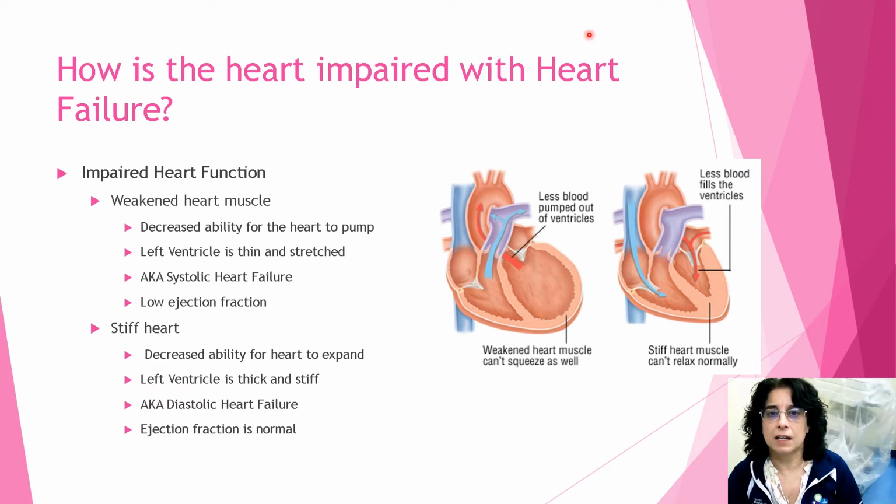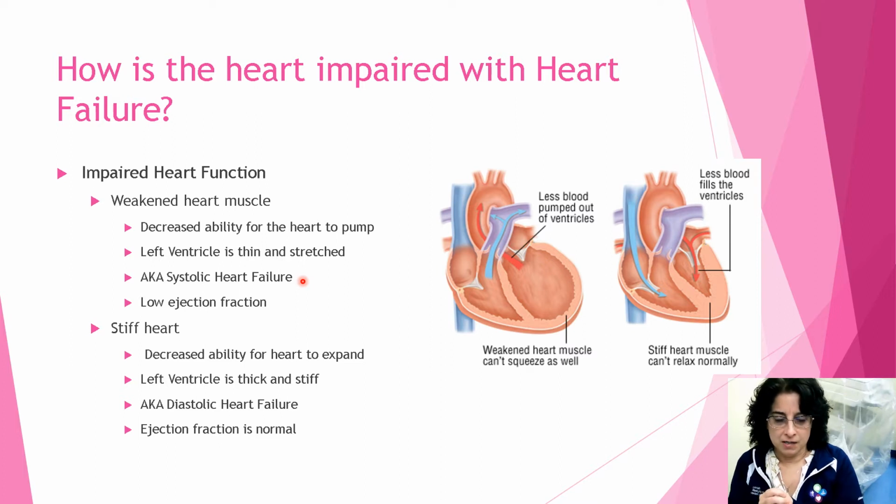However, there is a second type of heart failure, and that is when the heart is stiff. That means it can't expand to take in as much blood as it normally would have. Think about it like a rubber band. A rubber band that's thin and stretched, when you go to stretch it and pull on it, will snap back.